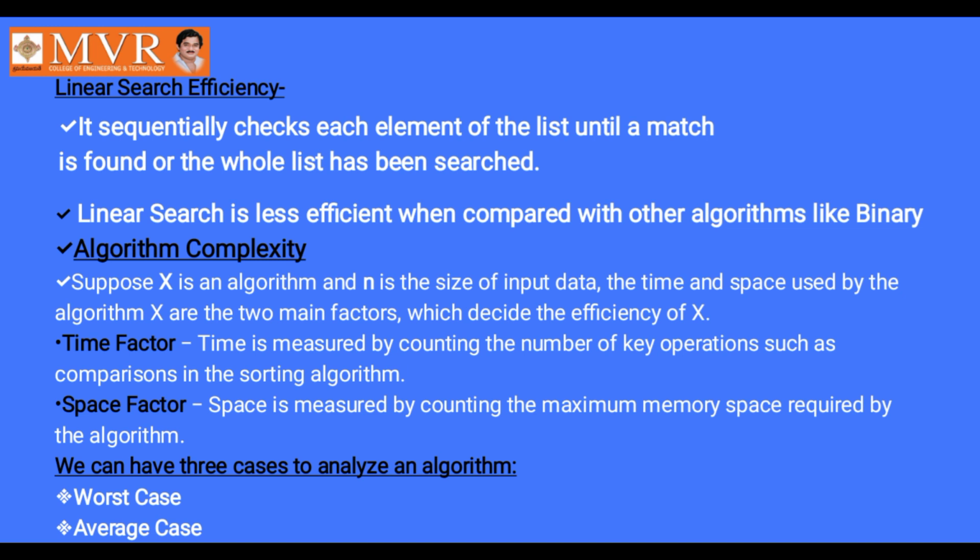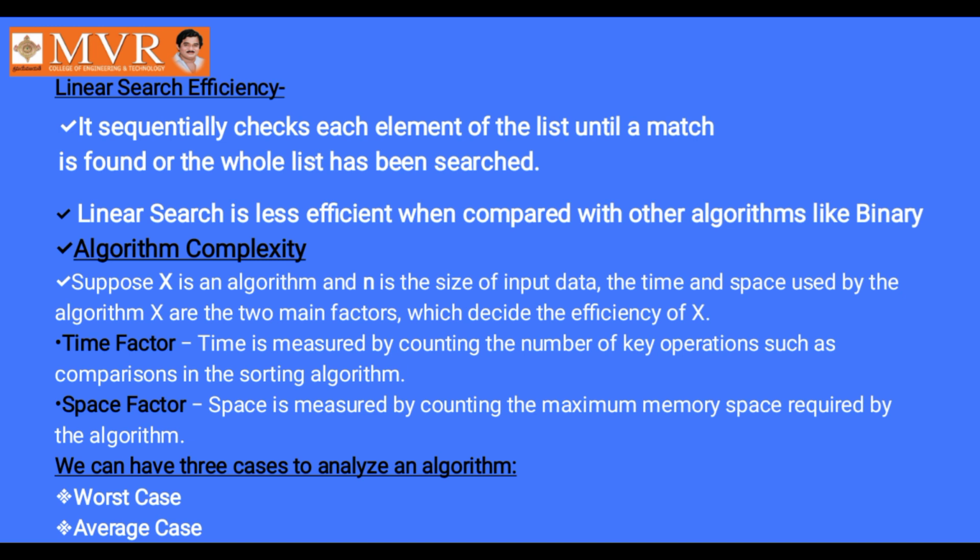This linear search algorithm, or sequential search algorithm, searches for an item in a given list in sequential order, that is starting from the first, it will go to all the locations, A of 0, A of 1, A of 2, and so on till the end of the list.